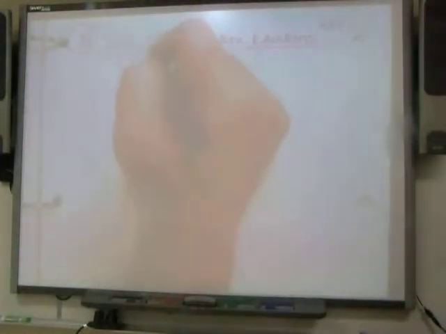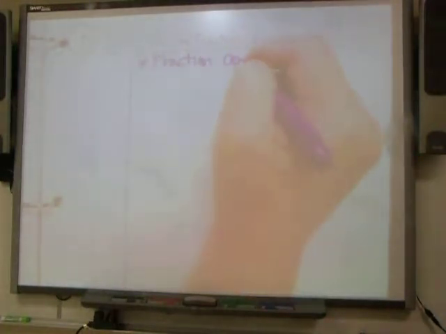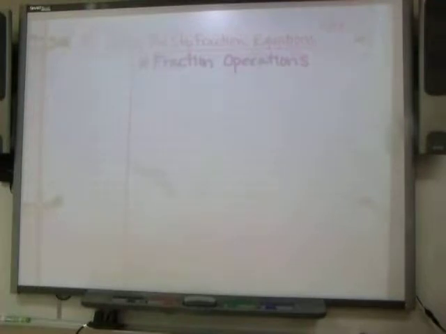So, at the top, fraction operations. Remember, when you are adding or subtracting fractions, you must have like fractions.